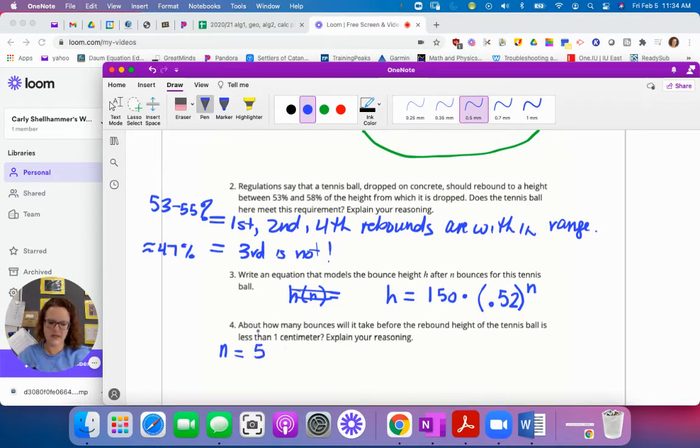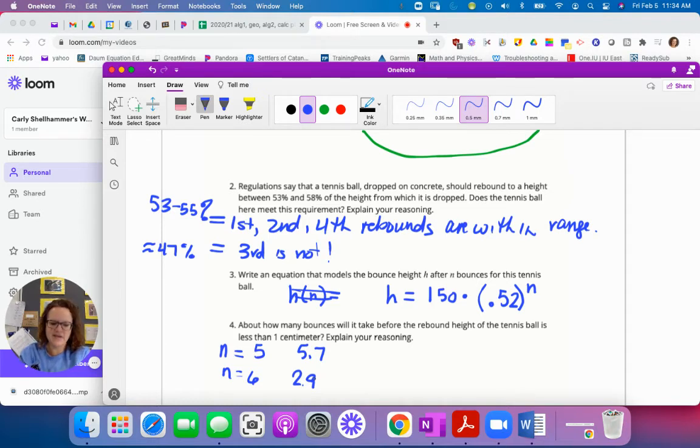So 150 times 0.52 raised to the 5th power, I have 5.7. N equals 6, 2.9. It's actually 3 if I round it correctly.